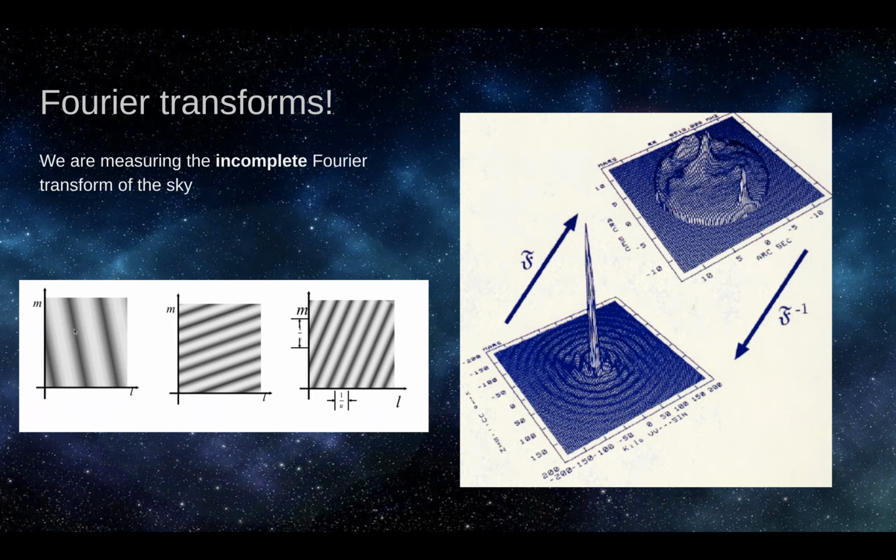On the left here, you can see these are the Fourier transforms of 1D slices across the source. You can think of the Fourier transform as a way of decomposing something complicated into lots of simple things. And in a way, you can think of interferometry or VLBI imaging as taking lots of these simple things and trying to reconstruct the complicated thing that it was decomposed from.